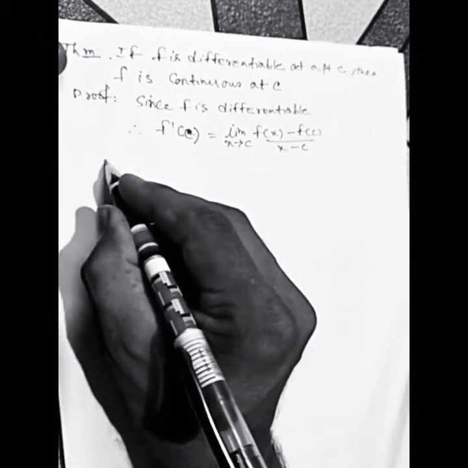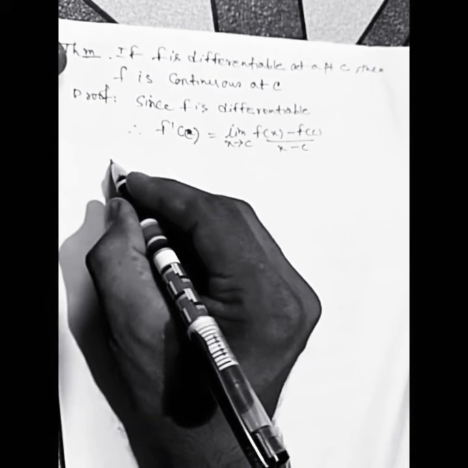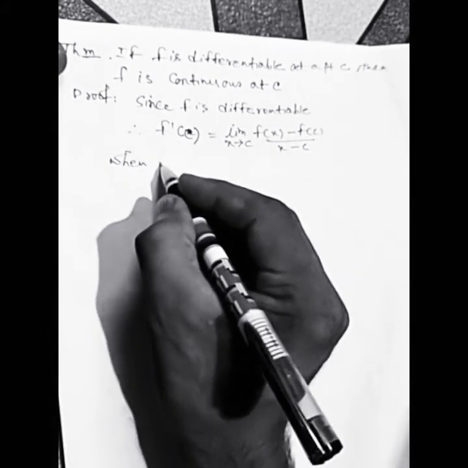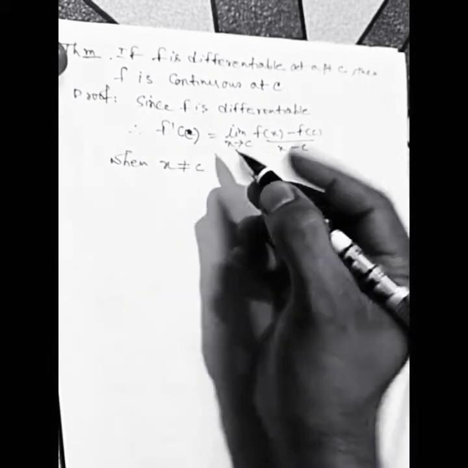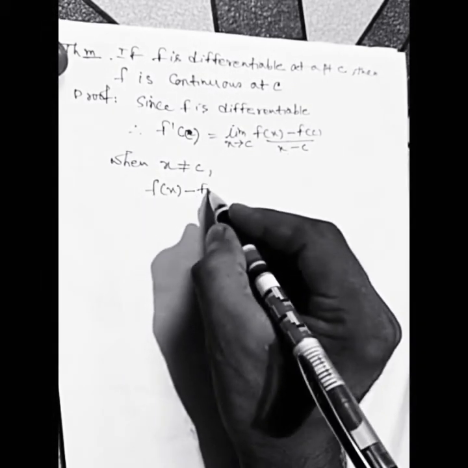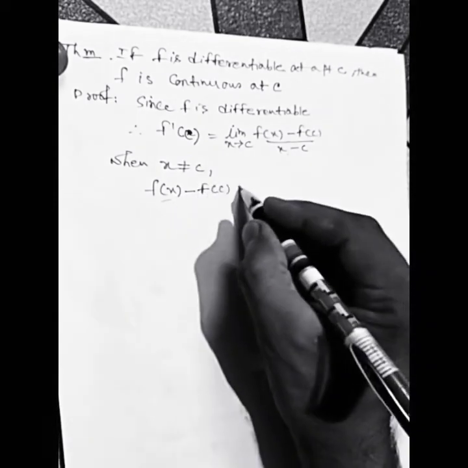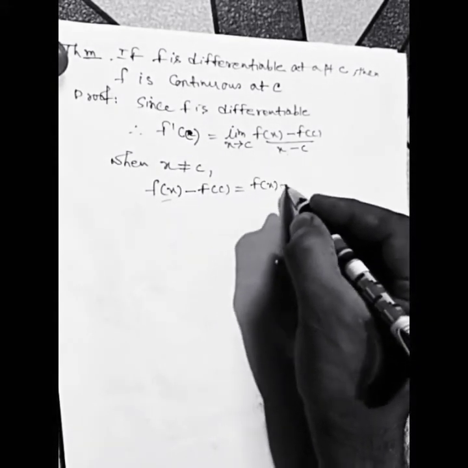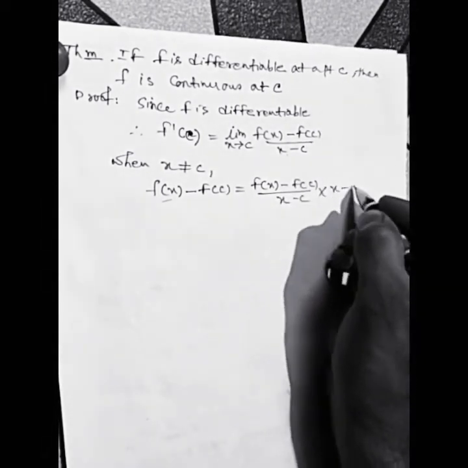So what will I take? When x is not equal to c, f x minus f c can be written as f x minus f c divided by x minus c into x minus c. Why am I saying this? Because 3 can be written as 3 by 2 into 2, and 3 can also be written as 3 by 4 into 4.